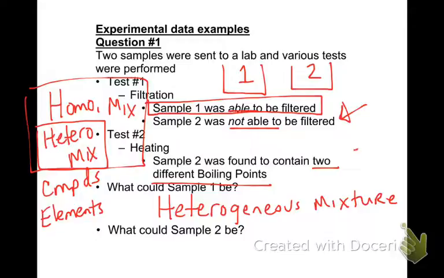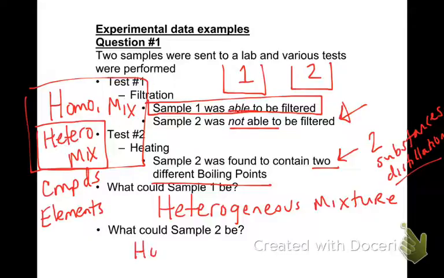That means that it contains 2 different substances. That means it was most likely separated through distillation, which is a physical separation. Distillation is a physical separation, so we must be talking about a homogeneous mixture.